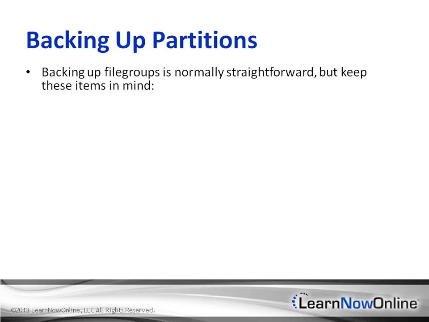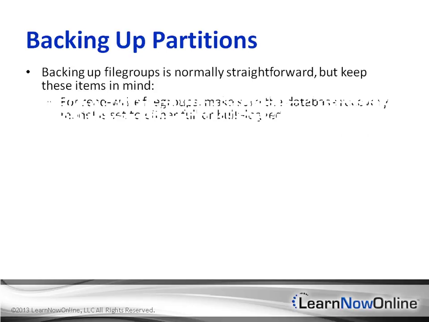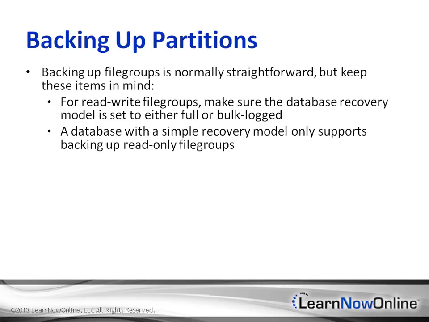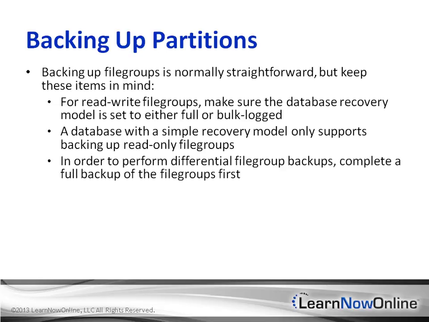And backing up file groups is pretty straightforward, but keep some things in mind. For read-write file groups, make sure the database recovery model is set to either full or bulk logged. If you have a database with a simple recovery model, it'll only support backing up read-only file groups. And in order to perform differential file group backups, complete a full backup of the file groups first.